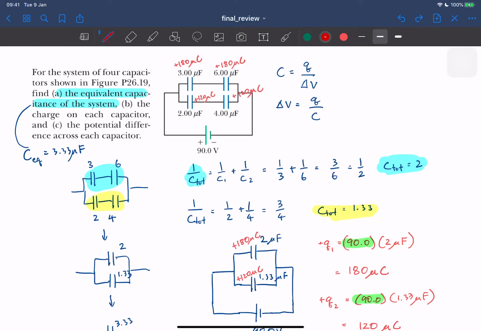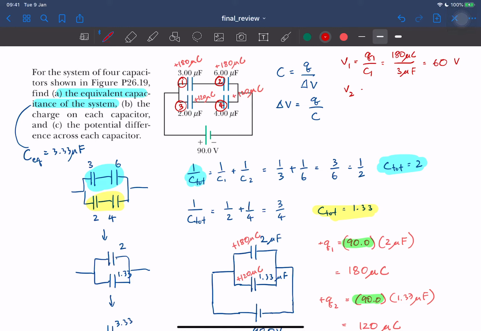Actually, let me call this one 1, this is 2, this is 3, this is 4, so that I can write it here. So V1 is just Q1 divided by C1. Q1 is 180 microcoulomb. C1 is 3 microfarad. If you calculate this, you get 60 volt.